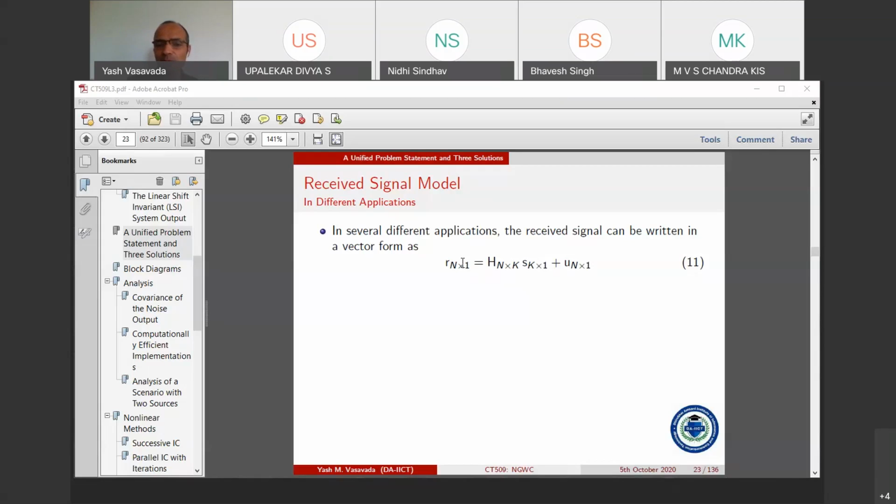So MATLAB can cope with 256 different vectors S. Memory consumption will increase a little bit, but not a whole lot. Computations also will increase. H times S will have to be performed 256 times, but it is doable within MATLAB.